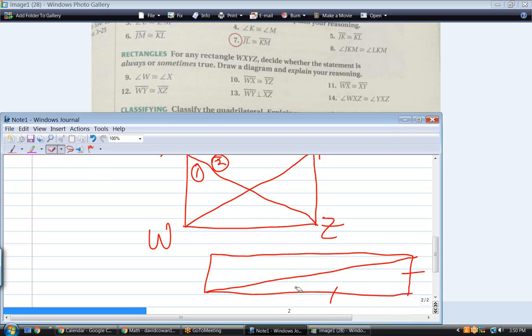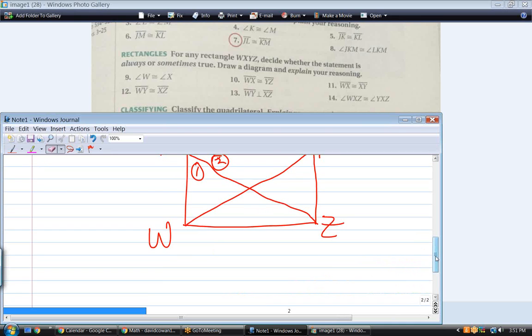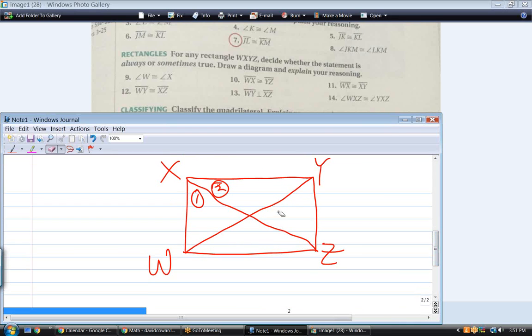So I can instantly see visually that this angle is not the same as that angle. But more importantly, all I have to do is make it anything other than this side being equal to that one, and only isosceles right triangles have 45 and 45. So anything that's not a square, those two angles are not going to be the same.